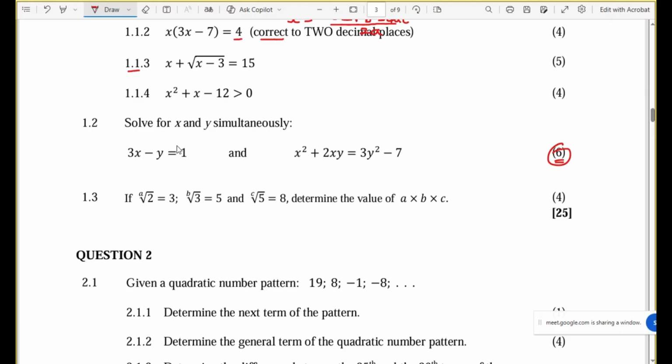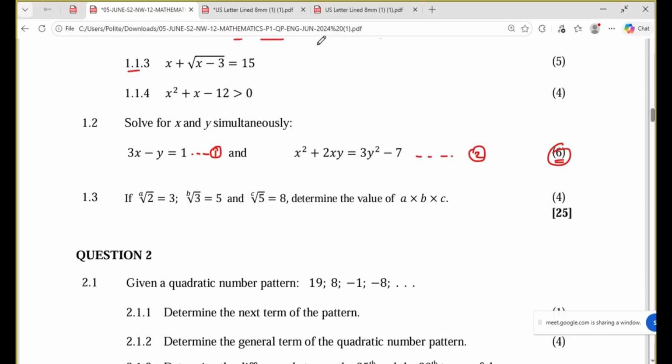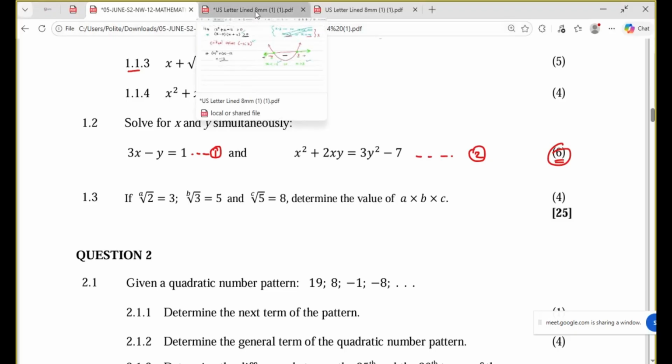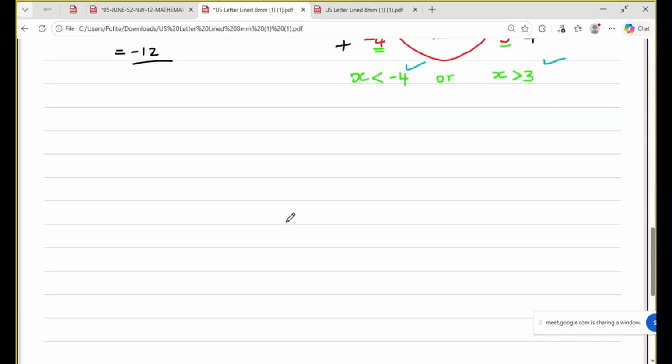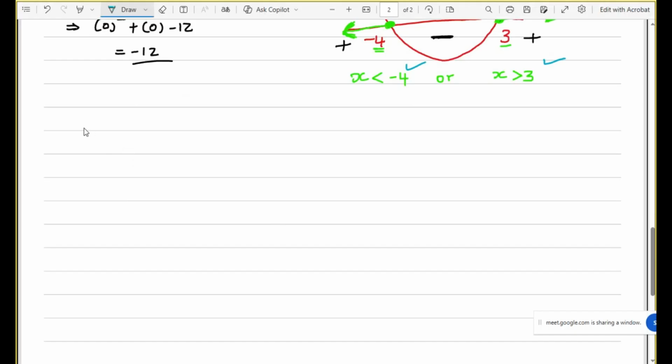Now, first thing, you're going to have equation 1 and you're going to have equation 2. When you have these equations, rewrite them the way they are on the answer sheet. So take the equation that was given. This is 1.2.